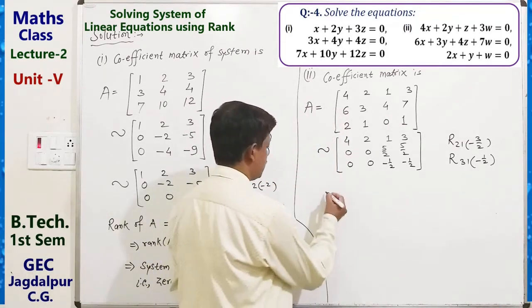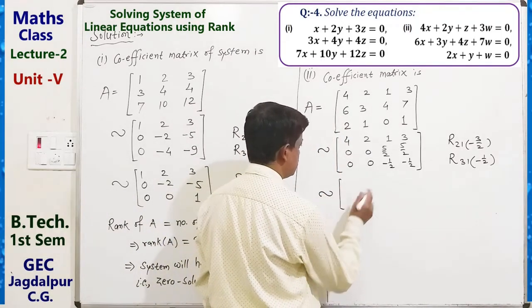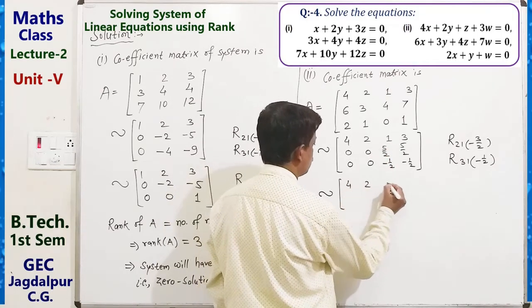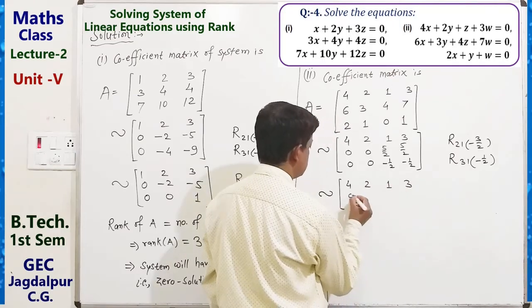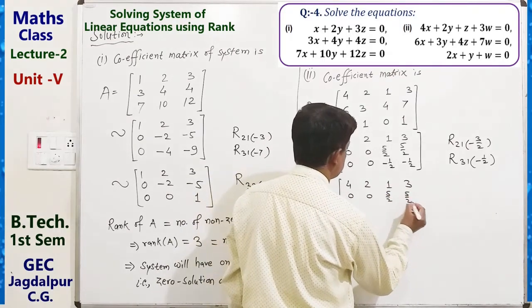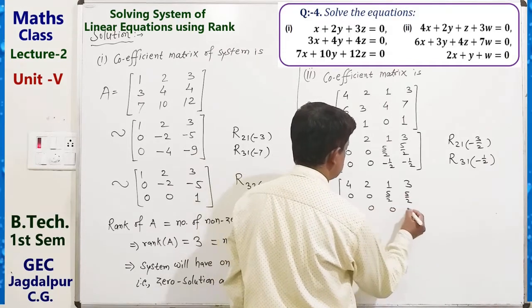Now once again we can apply an operation here to make it 0. We have 4, 2, 1, 3; 0, 0, 5/2, 5/2; and 0, 0, 0, 0.